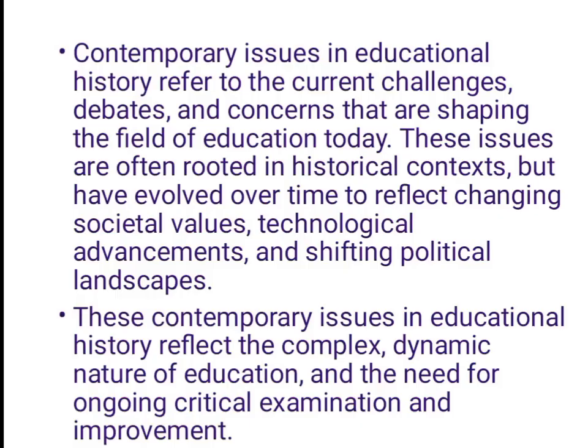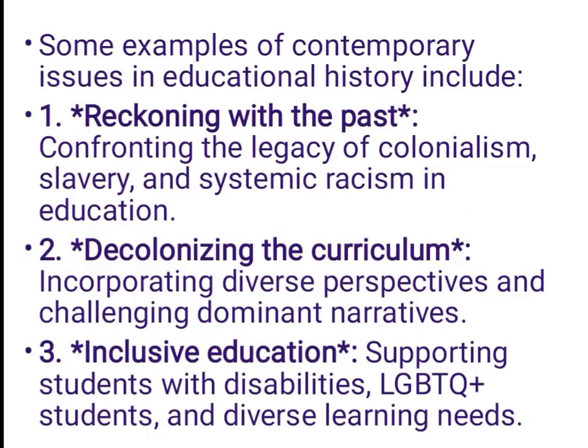So currently we are looking at education in a contemporary way, and how can education be taken best in this generation or at this time. Some of the contemporary issues in education history include reckoning with the past, confronting the legacy of colonialism, slavery, and systemic racism in education.